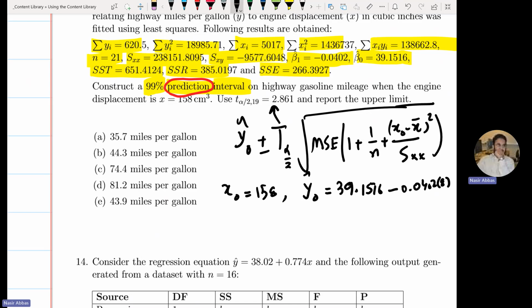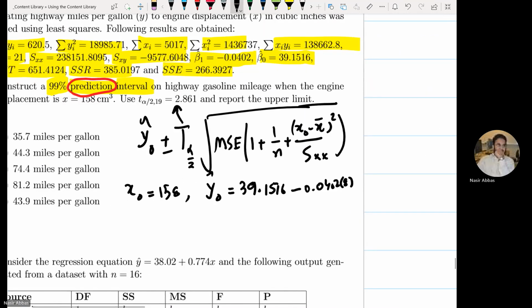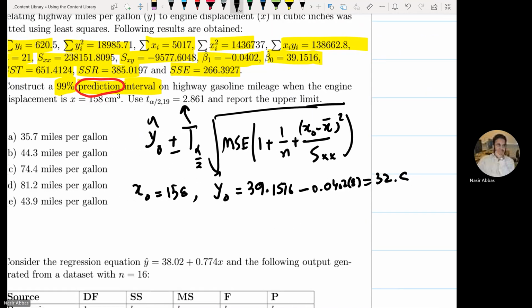It is given in the question. So you will easily find Y naught hat. It is 32.8 something.